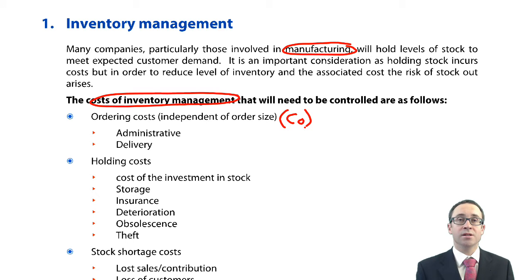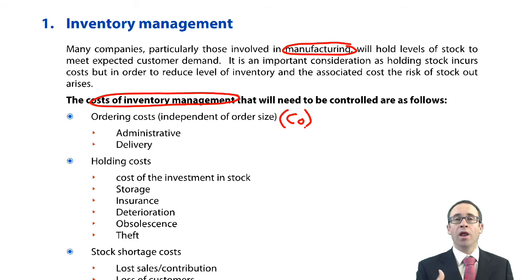Things to consider within your ordering costs are administrative costs and delivery costs. Clearly, the further away the goods are from your warehouse, the more expensive it will be to order those goods and get them delivered to your premises. And the more orders that we put in per annum, the more that increases the administrative cost, doesn't it?